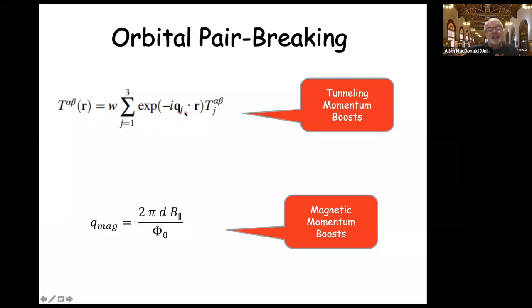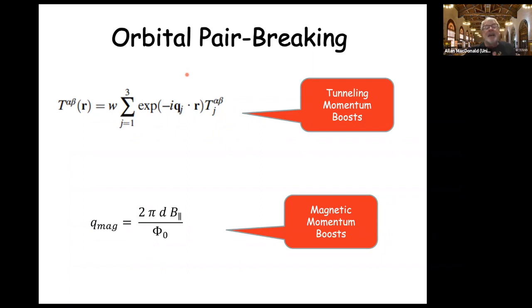And so you can see that in this model, when you tunnel from one layer to another, you get a momentum boost because of the spatial modulation of the Moire pattern. There are 3 different momentum boosts you can get. And so these 3 Q_js, I should have a plot here, but there are 3 wave vectors that have a size that's reciprocal to the Moire pattern and that are 120 degrees to each other.